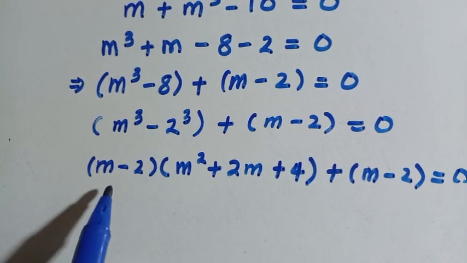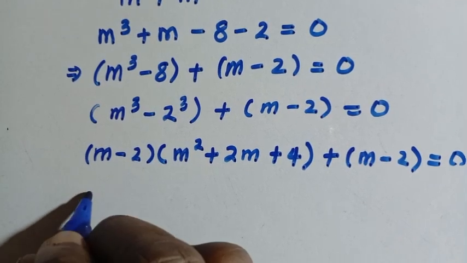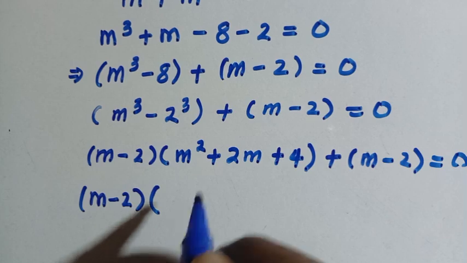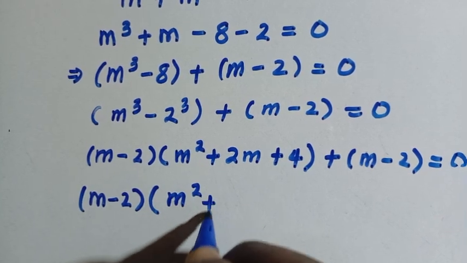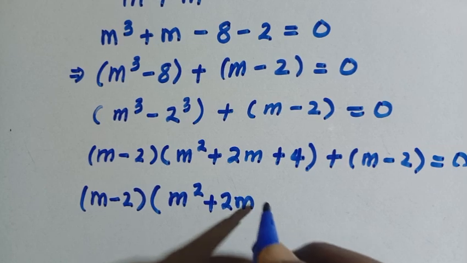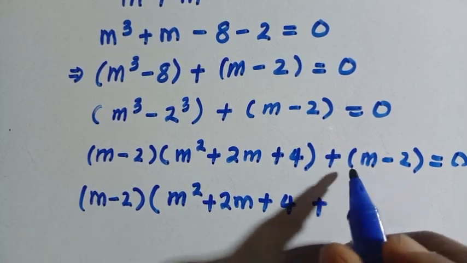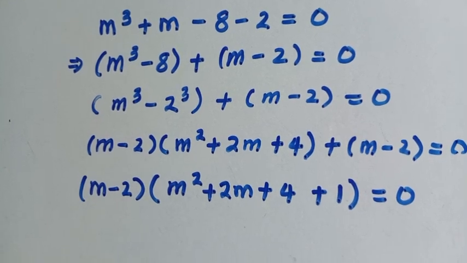And then we have m minus 2, which is common to them. When we factor out m minus 2, we have m minus 2 into bracket of m squared plus 2m plus 4, and plus, when we divide this one by m minus 2, we have plus 1 equals 0.